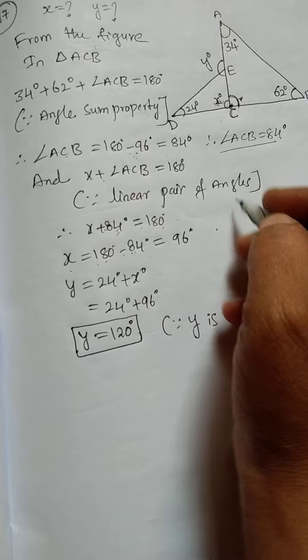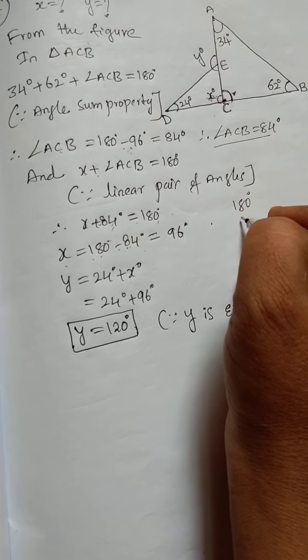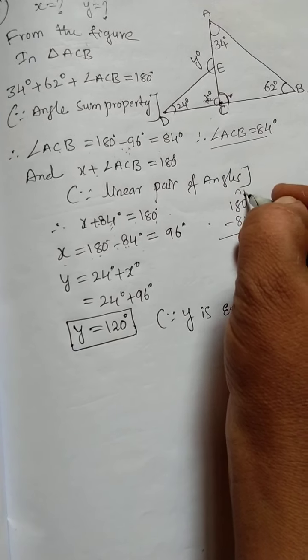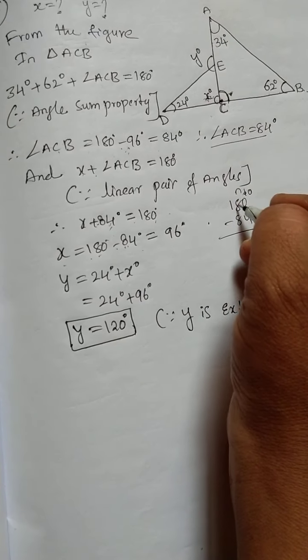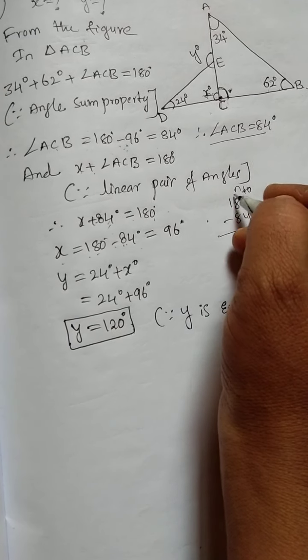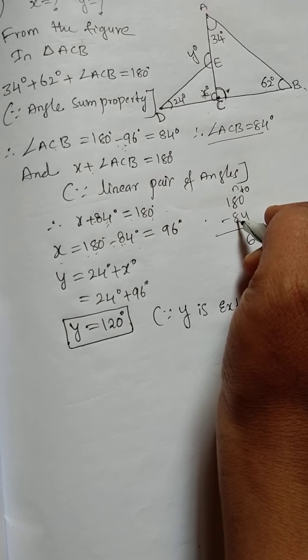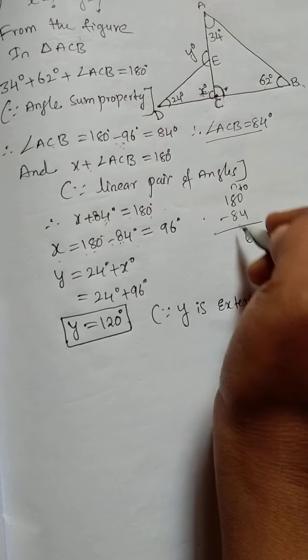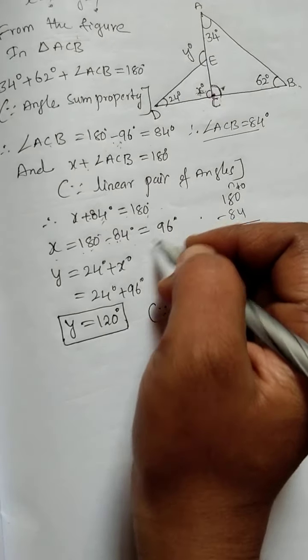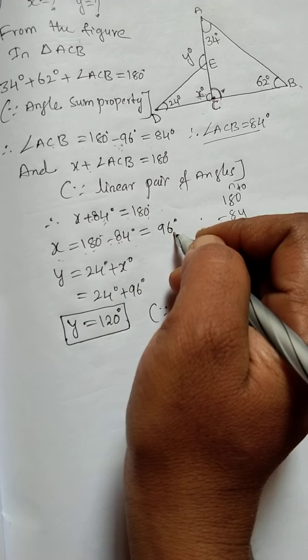Now you can do the subtraction: 180 minus 84. Take the borrow from this. So 10 minus 4 is 6. Here it is 17 minus 8, it becomes 9. So x value is 96 degrees.